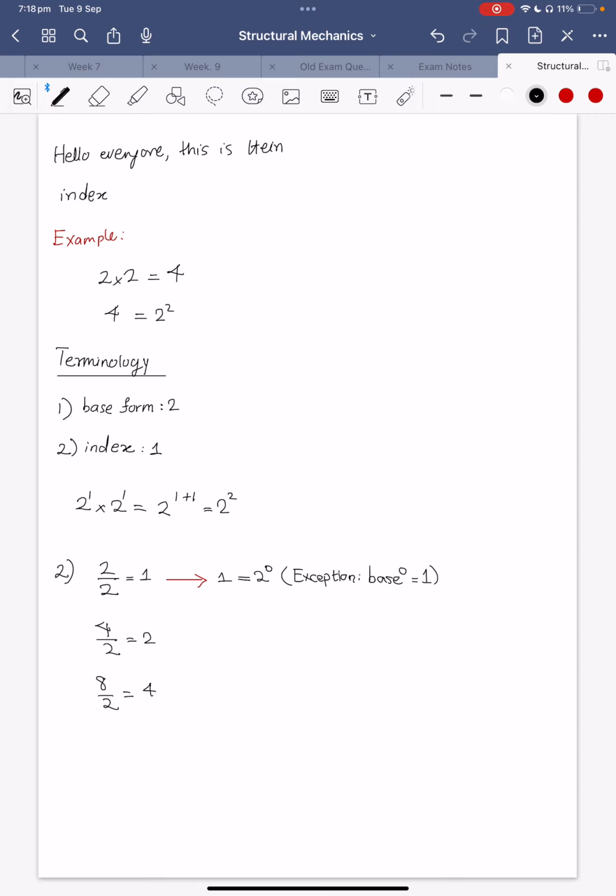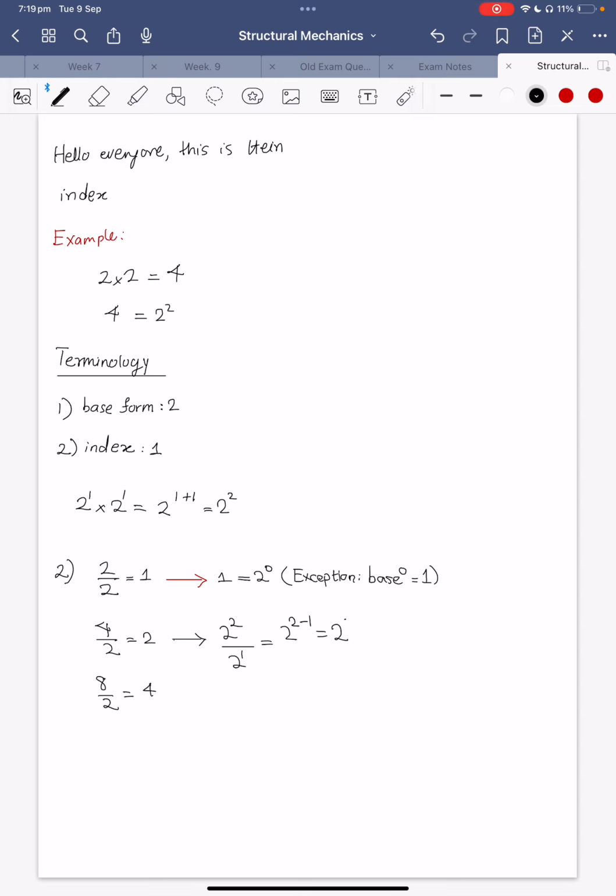Okay, so let's think about the second one. Here we learn that 4 is 2 squared, and we know that if it is just 2, the index is 1, right? So you get 2, but that also means that if you just subtract the indices, you get the same result.